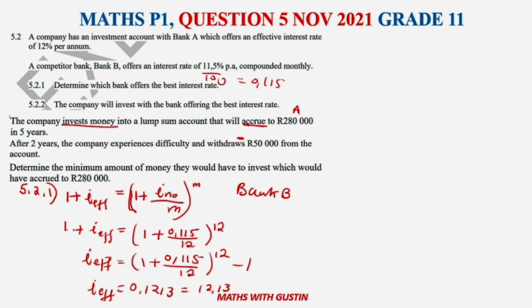So basically what are we looking for? We're looking for the starting amount, which is going to be our principal. You're looking for P. How much money should you invest so that at the end of these 5 years, after withdrawing this 50,000, you should be left with 280,000. Okay, makes sense. All right, great stuff.